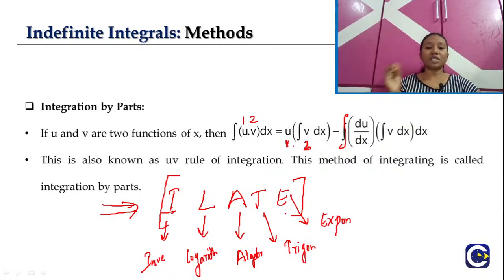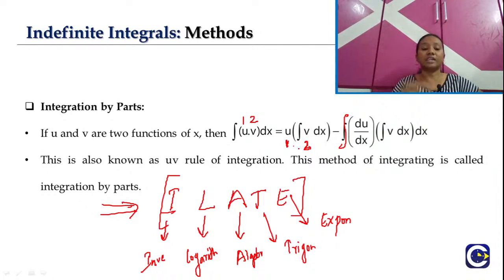But while solving, even if we follow this rule of ILATE, sometimes we end up with a v that we couldn't integrate simply, right? So then we can rearrange them.